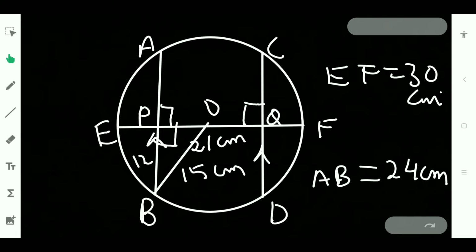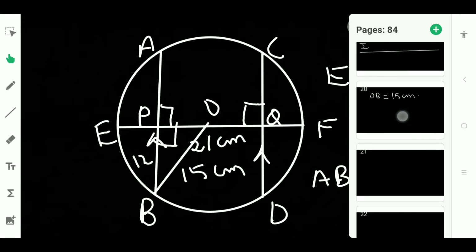Now by Pythagoras theorem in triangle OPB, we have OB square equals BP square plus OP square. OB square is nothing but 15 square, which equals 12 square plus OP square.